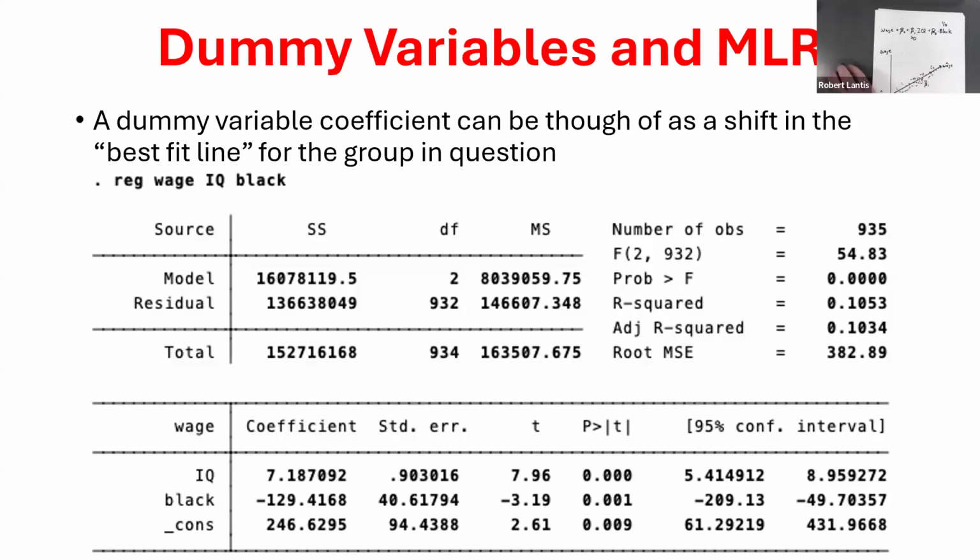All these black dots here would represent the observations of individuals who belong to the 0 group. So this tells me about predicted wages for various IQs when they're non-Black. Now, let's say I think about making predictions for individuals who are Black.